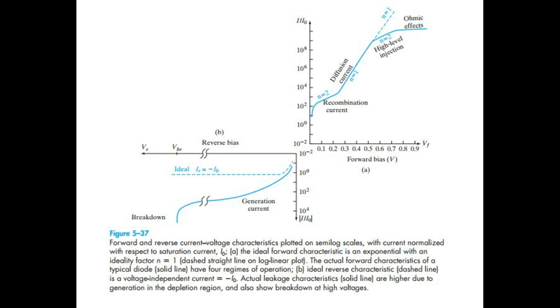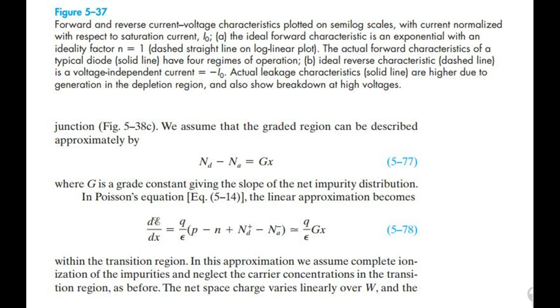We assume that the graded region can be described approximately by an expression where G is a grade constant giving the slope of the net impurity distribution. In Poisson's equation, EQ 5.14, the linear approximation becomes the expression within the transition region. In this approximation we assume complete ionization of the impurities and neglect the carrier concentrations in the transition region, as before.